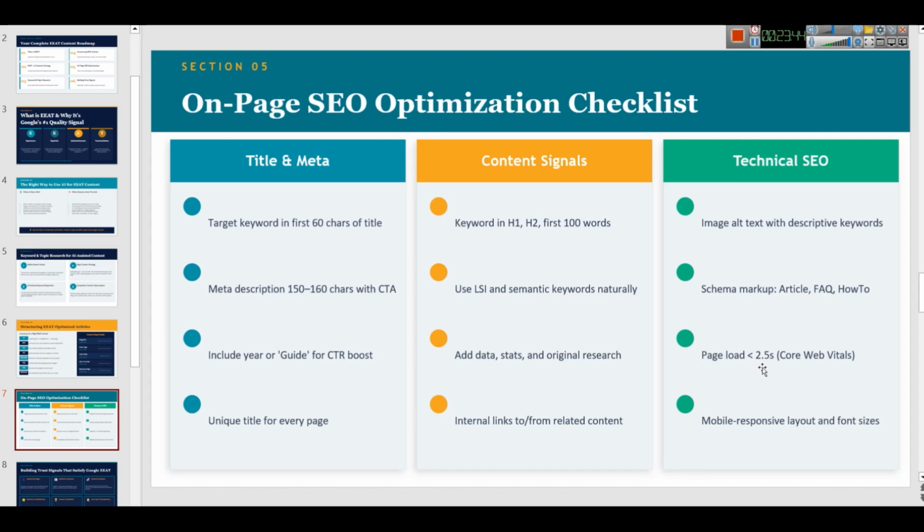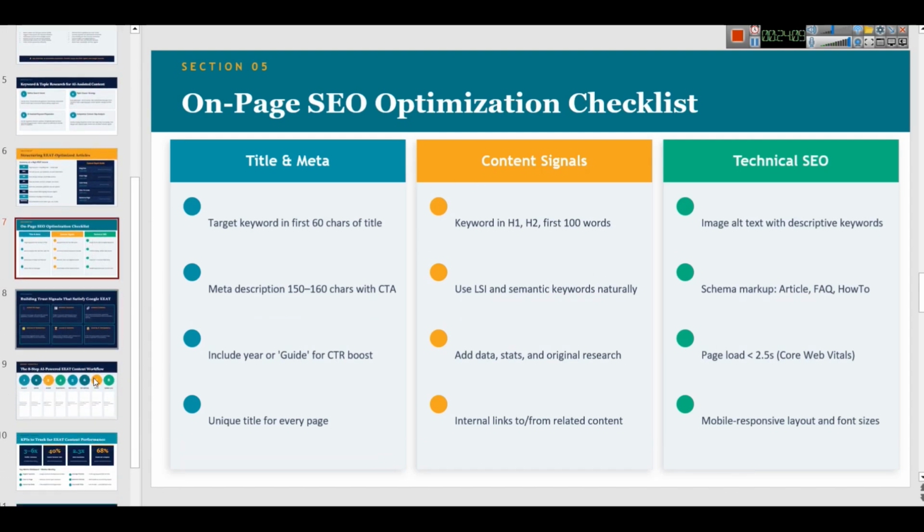These types of cache plugins are there. For that, make sure load speed is important. And the most important thing here is your hosting. How good your web hosting is has an important effect on this page load speed. Then your mobile responsive layout and font sizes should be like that. So this is the on-page optimization checklist.